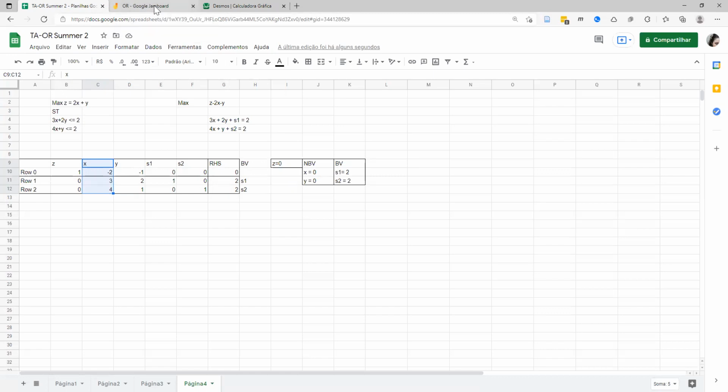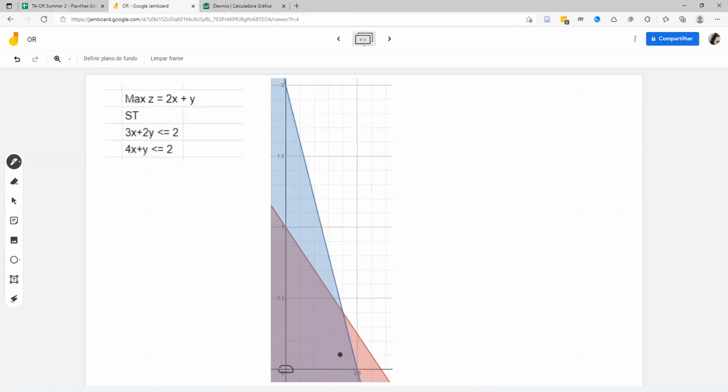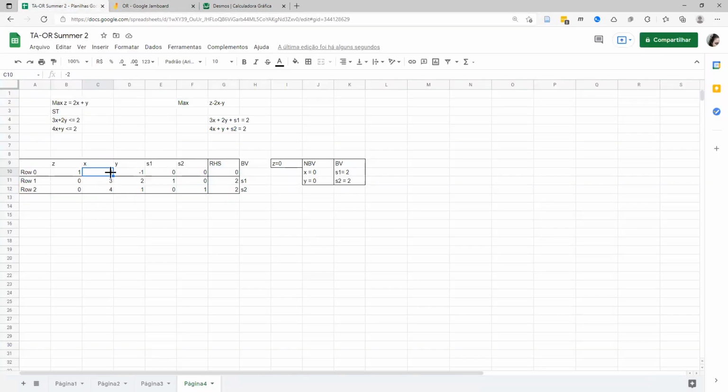So if I add the x to my problem, I will reach my optimal solution faster because it's making a bigger contribution to the objective function. And a practical way of saying this is choosing always the most negative number in row 0.